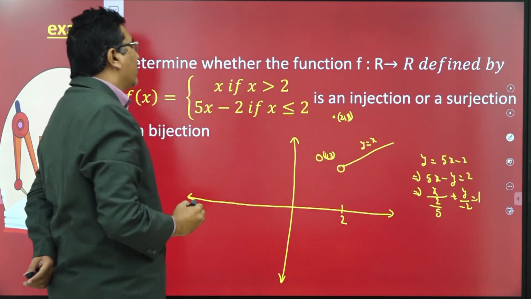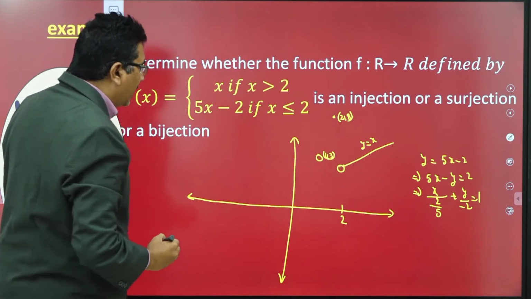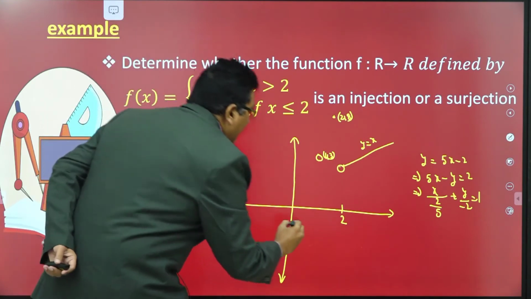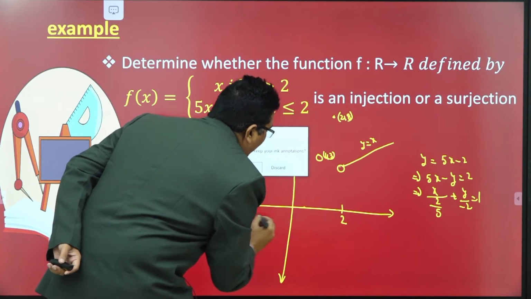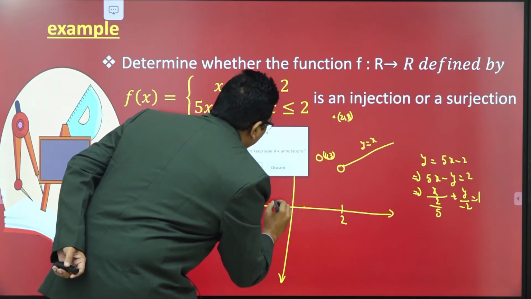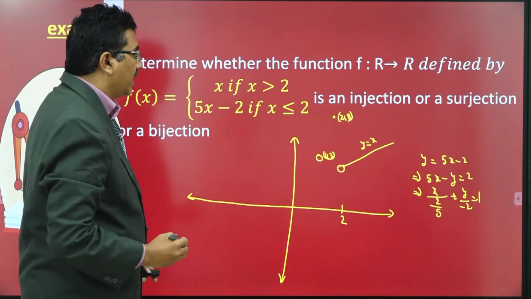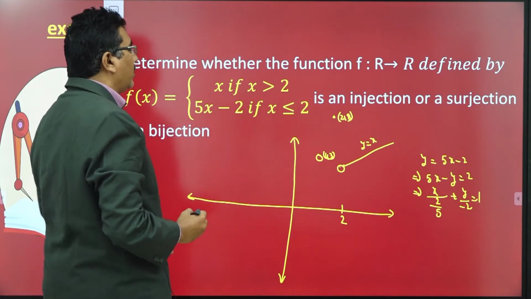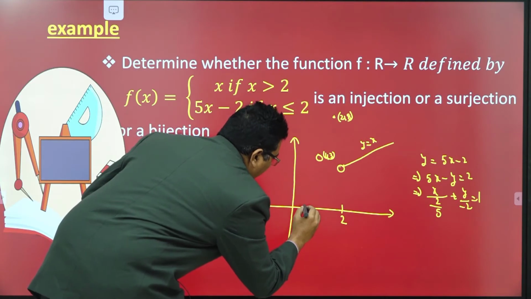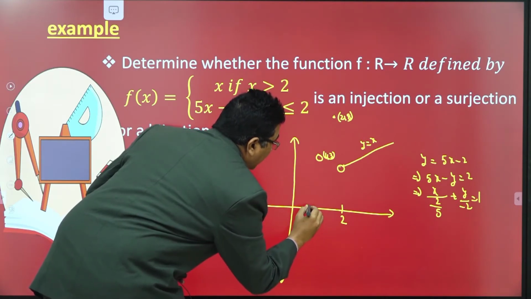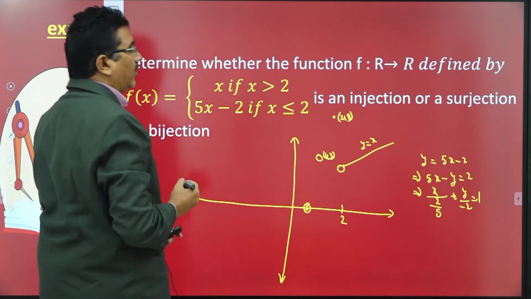Now y is equal to 0, x is equal to 2/5, that is 0.4. This is the point 2/5 comma 0.